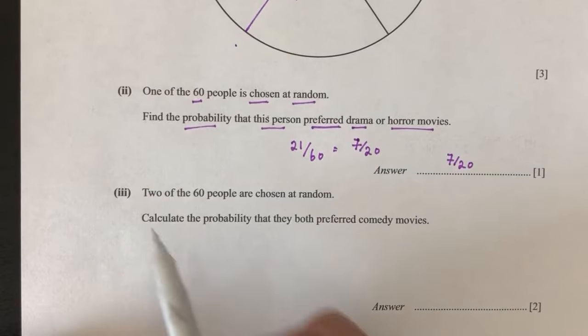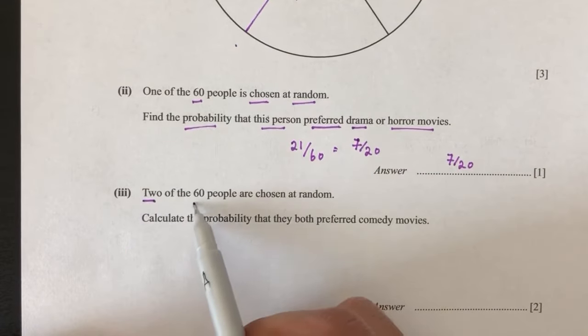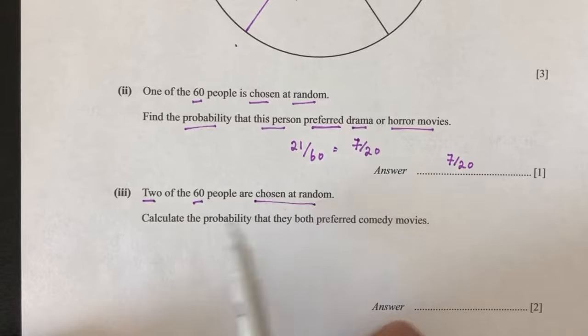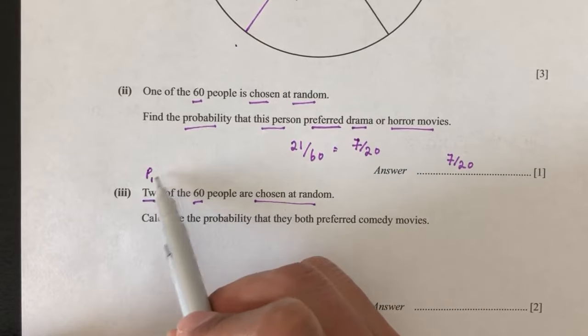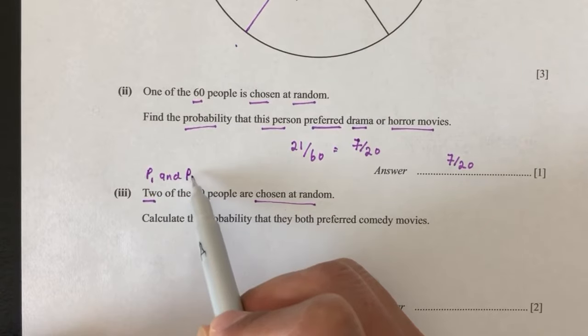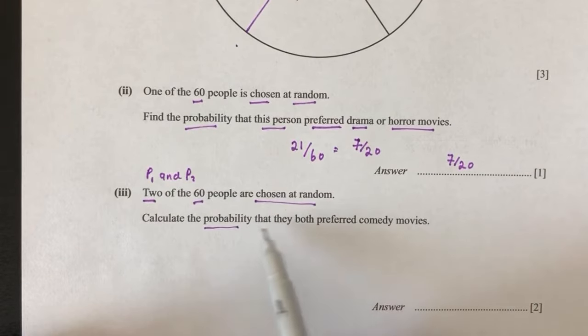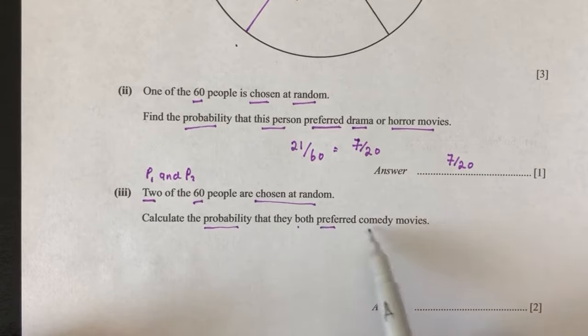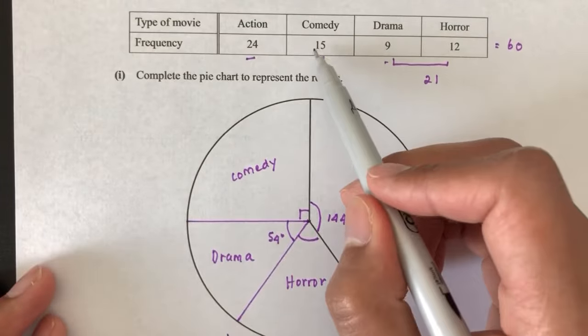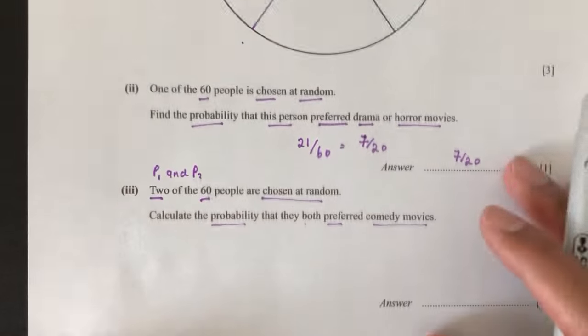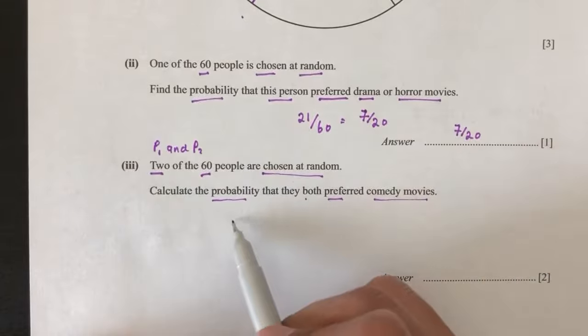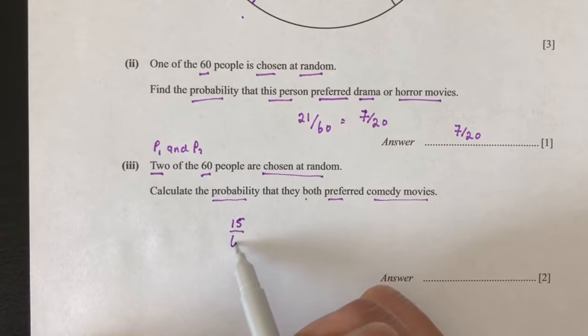Now part 3, 2 people of the 60 people are chosen at random. So let's say P1 and P2, 2 people, right? Now calculate the chance that they both preferred comedy. So here we see comedy is 15 people. So for the first one, it will be 15 over 60.